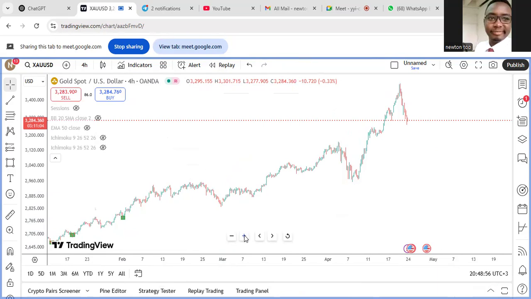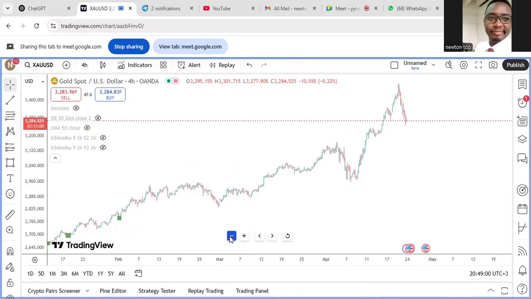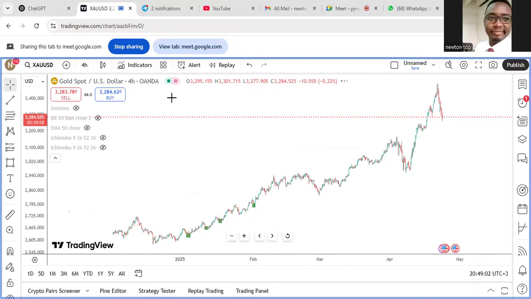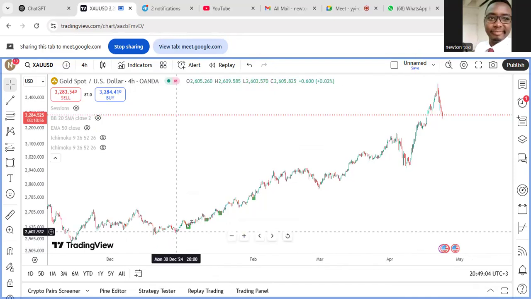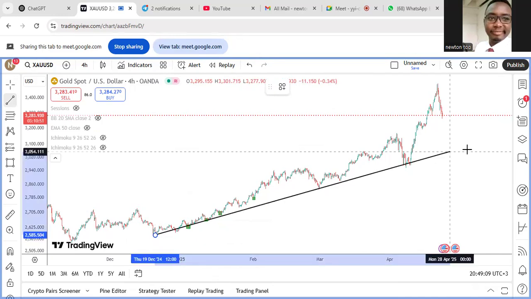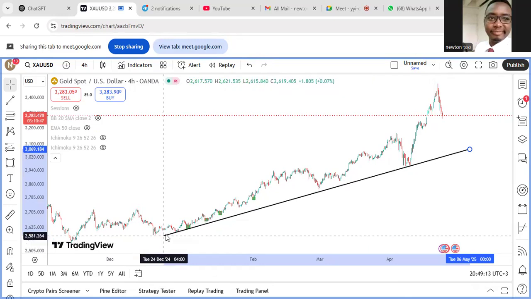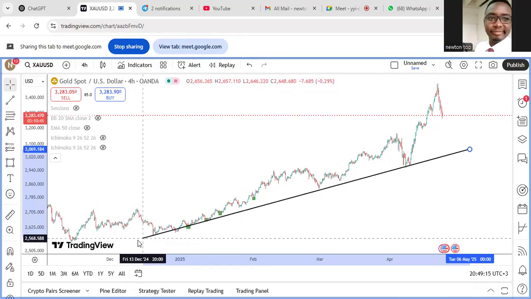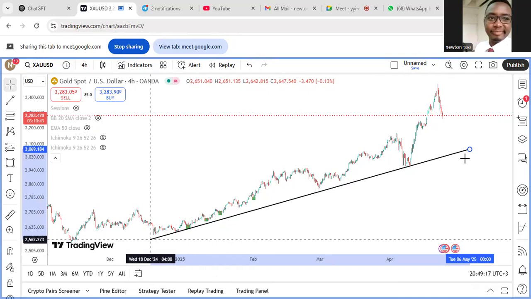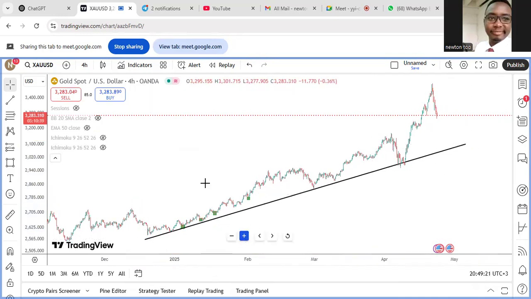Then you wait. You just draw, then you wait. This one I can draw like this one. You can see? It moves away from this region. It's very, very repeatable.